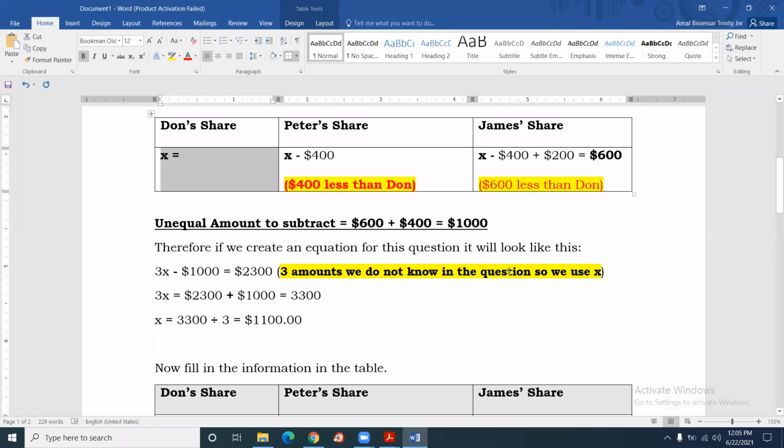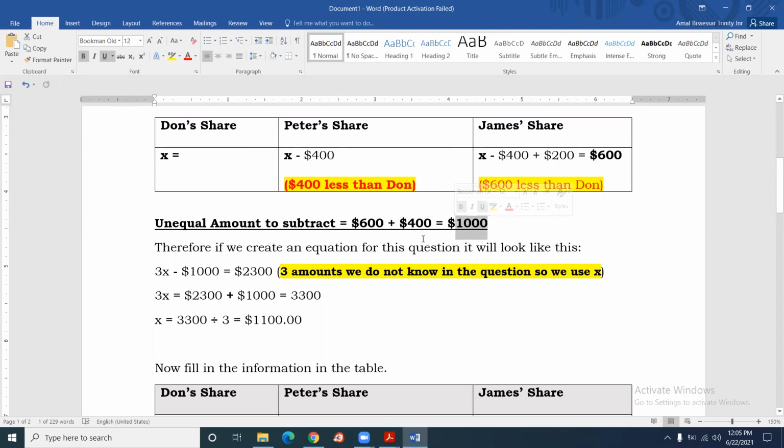So if I continue now, I have to take out 600 for James and 400 for Peter. So in all, I have to take out 1,000.